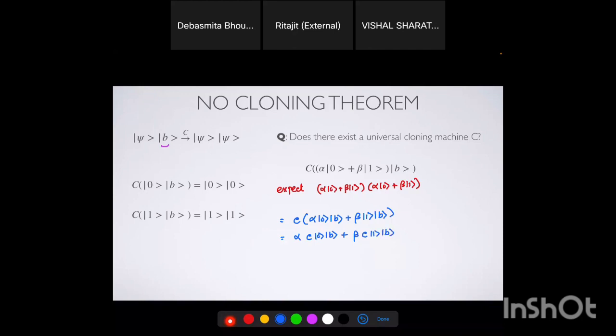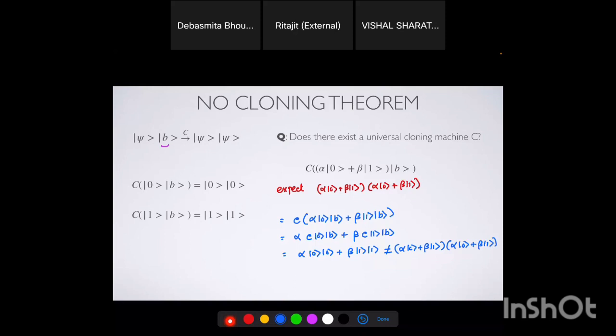We already know what C|0>|B> is. C|0>|B> is |00> and C|1>|B> is |11>. This is not equal to (alpha|0> + beta|1>) twice. You can understand because there are no |01> or |10> terms.